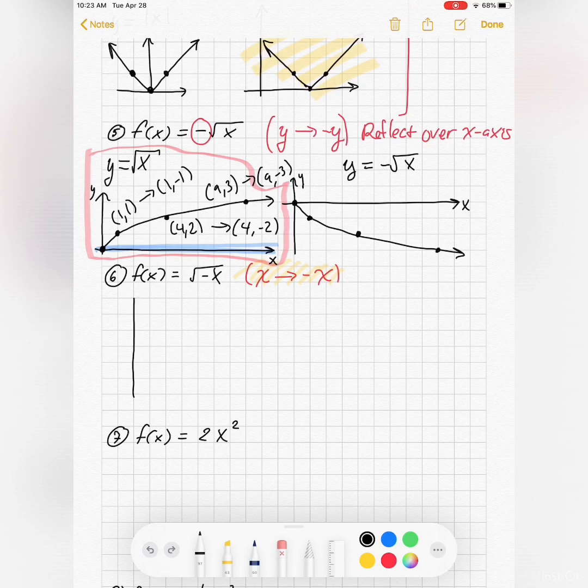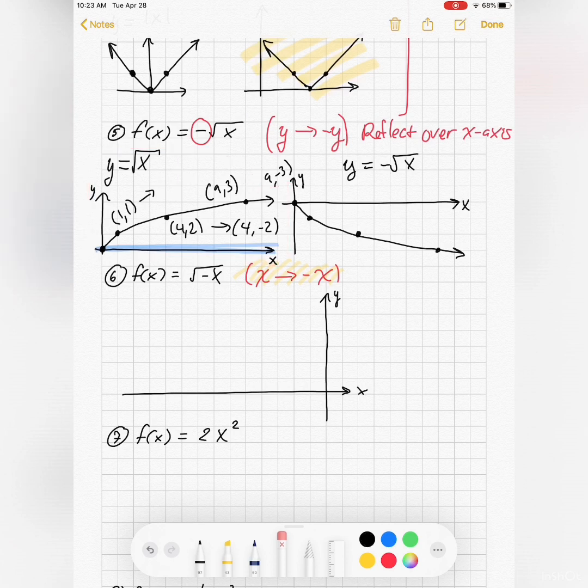Actually, I'm going to need more space. So do it this way. Okay, so now I take each point. Clean this up a little bit. So starting with the same base graph, but now I take each of these points like 1, 1.